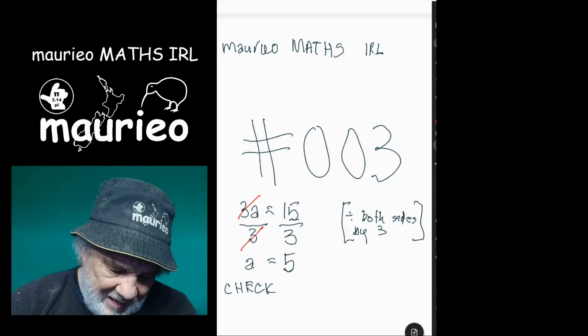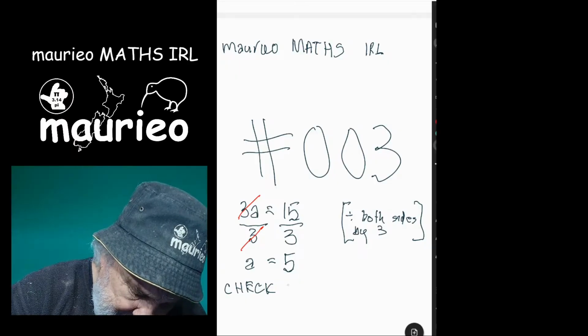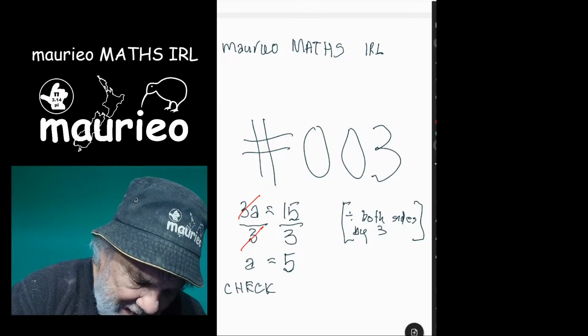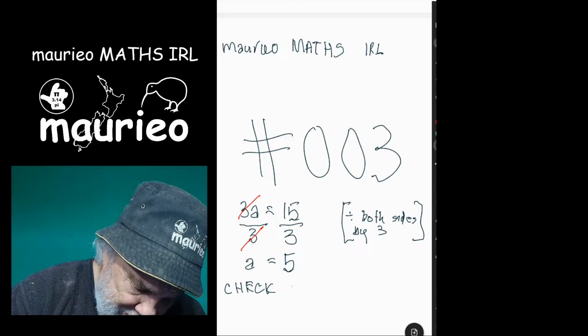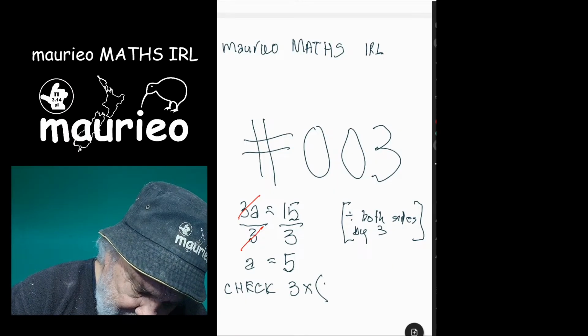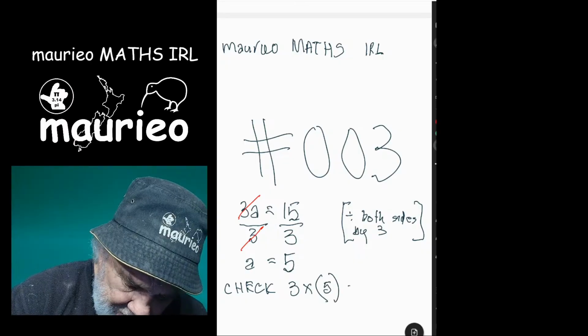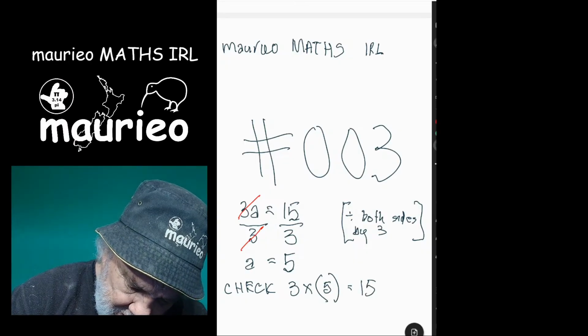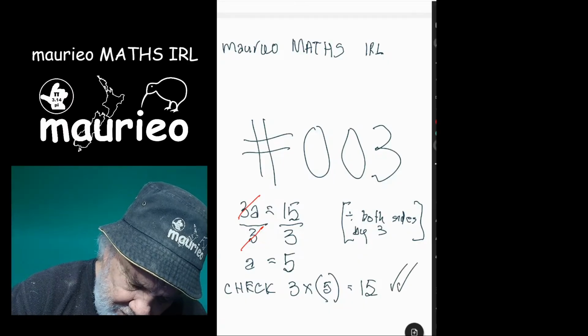So check: let's say a equals 5, we go back to our original equation. So 3 times 5, and 3 times 5 is 15. So that's a good double check.